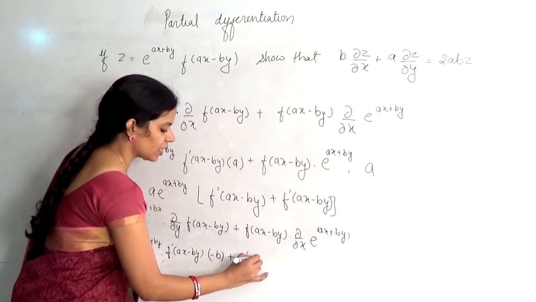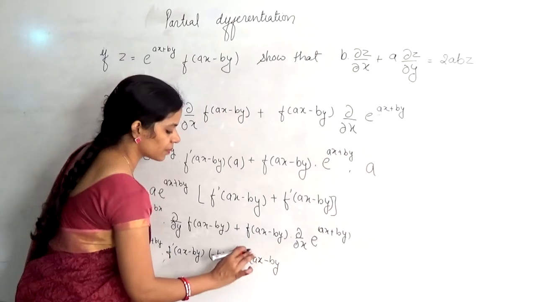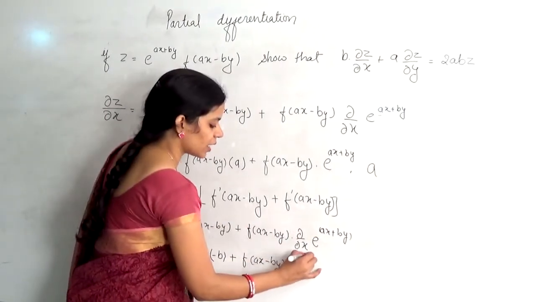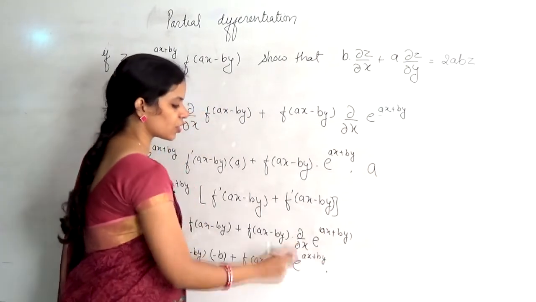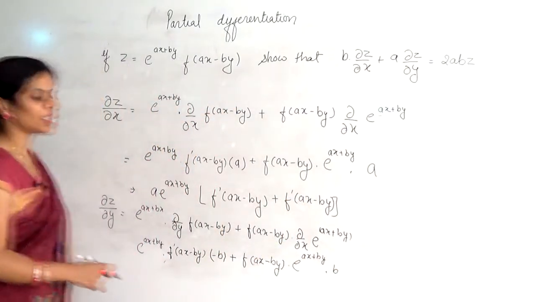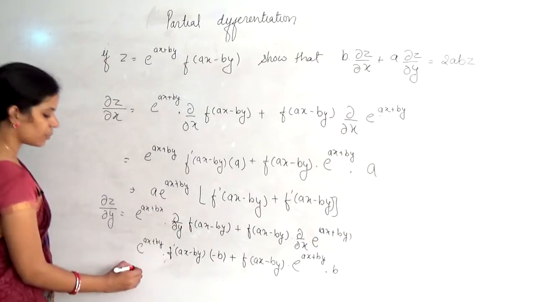Then f(ax minus by) into e to the power ax plus by into differentiation of this term with respect to y, keeping x constant, will be b. Then we can keep common terms outside.